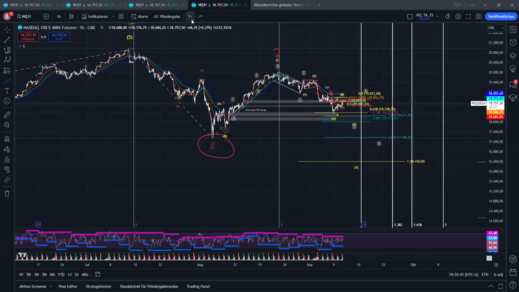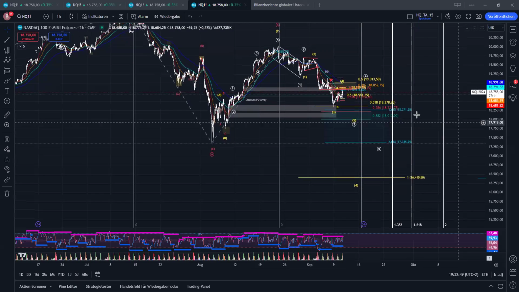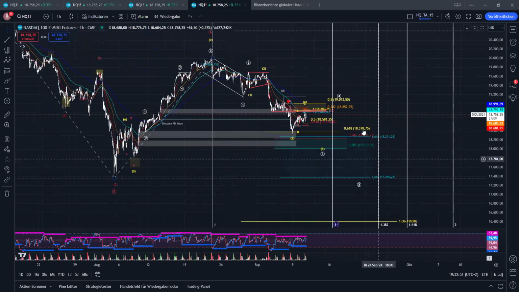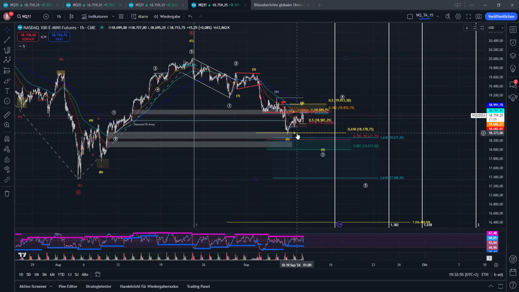But, and that's also the part I was talking about before, it's very interesting because whenever you're using Fibonacci, you see that the retracement, which is the yellow 61.8 at 18,378.75, is at the moment holding. So that is the 61.8 retracement of that complete move up.